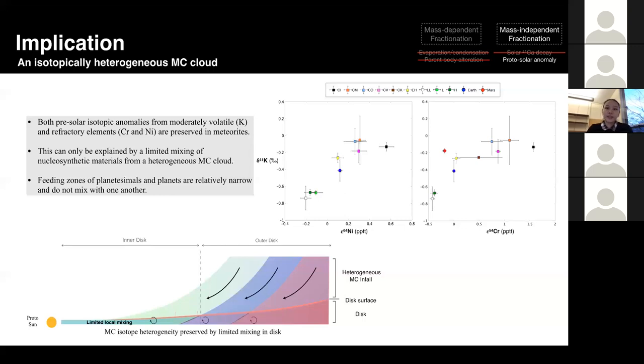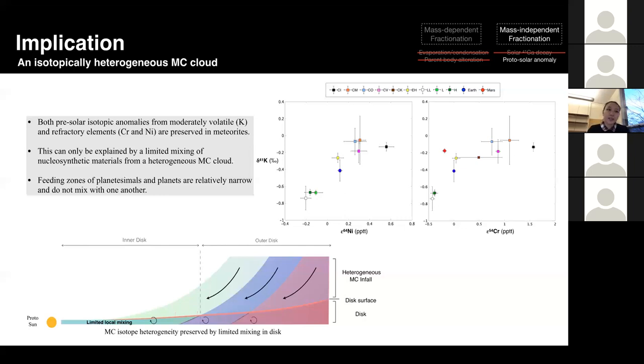We're also thinking that a lot of gaps observed in the early protoplanetary disk could be a barrier to prevent large-scale radial mixing, which supports that the mixing in the planetary disk is very local and very limited.